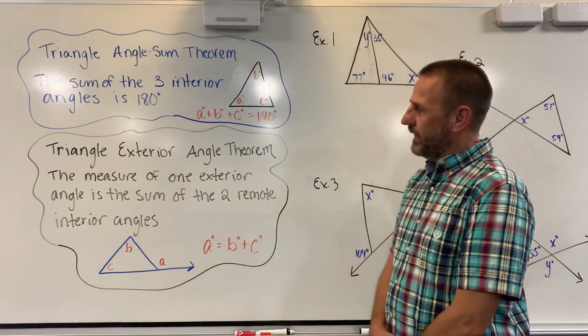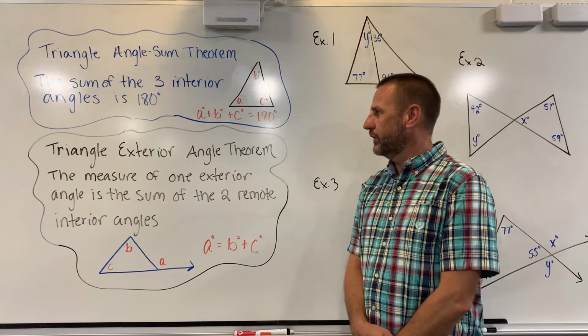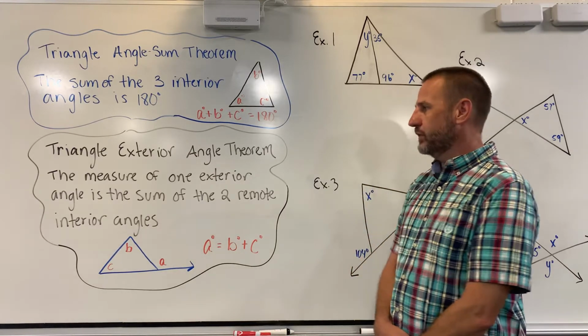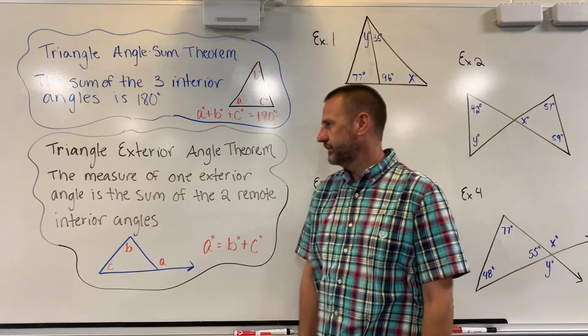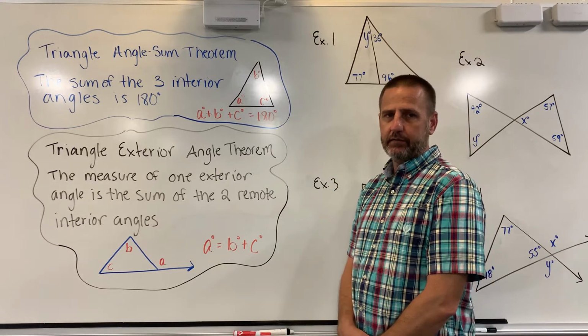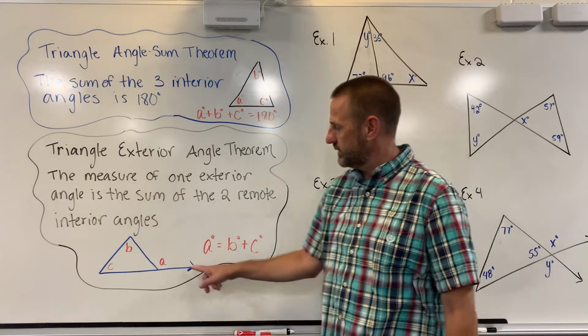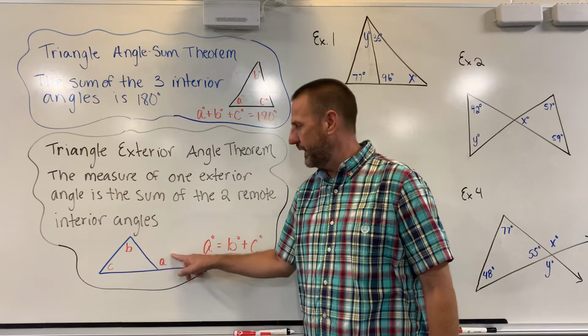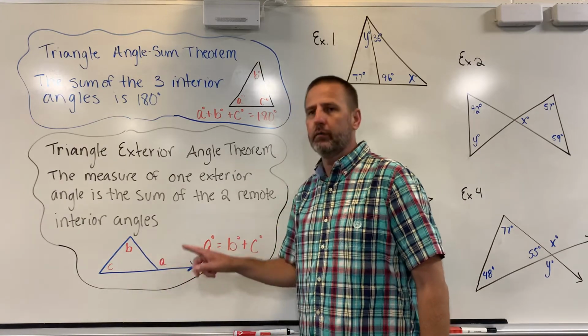The one below it here is called the triangle exterior angle theorem. This tells us that the measure of one exterior angle is the sum of the two remote interior angles. They're called remote interior because here's the exterior angle A, and this would be its linear pair. B and C are called remote angles.